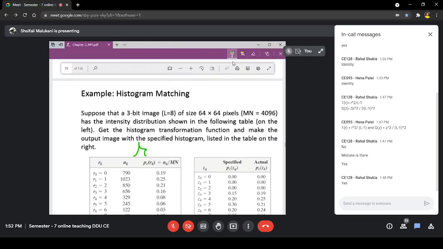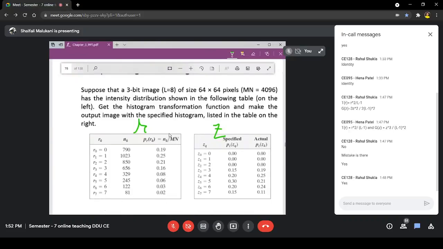What is not available here? Suppose these columns are not available. Can you obtain this column from these two available columns? How will you obtain this third column from these two available columns?